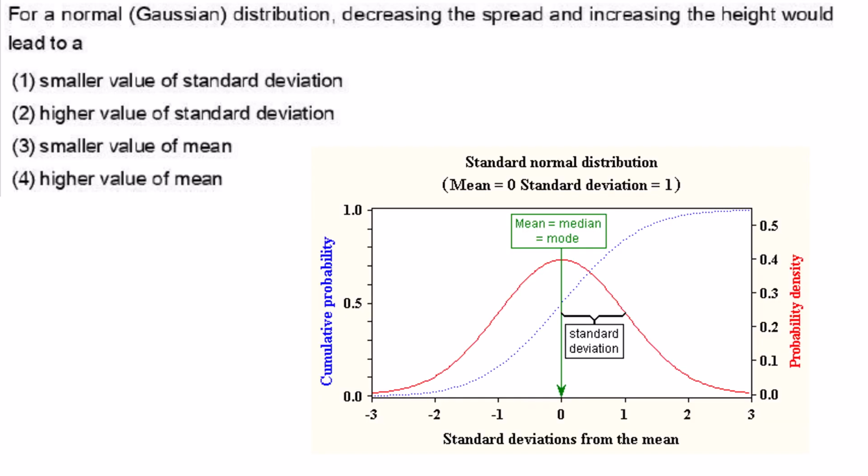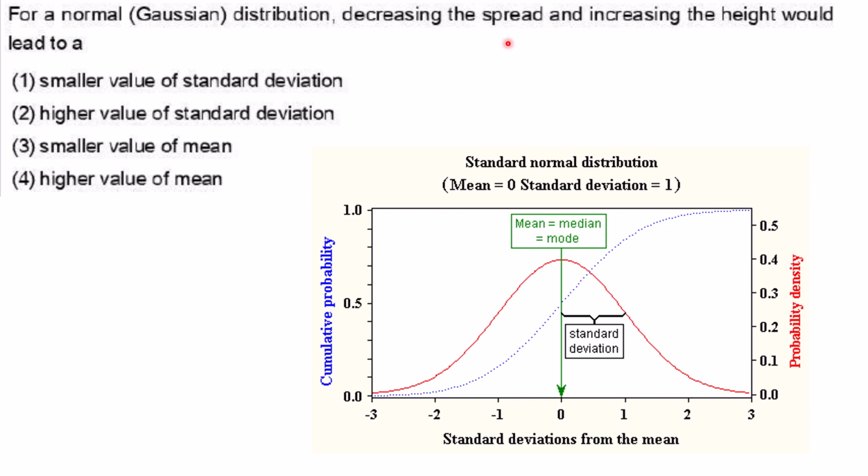For a normal Gaussian distribution, this red line is the normal Gaussian distribution. These are the standard deviations from the mean, and this is the mean.